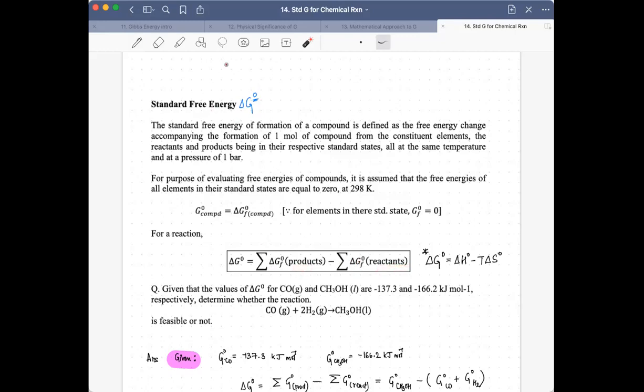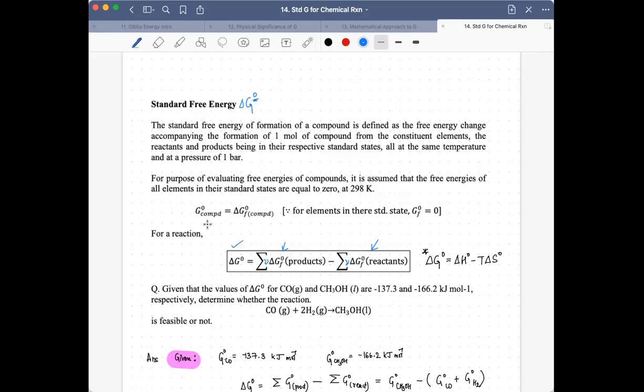One thing you should note is that we also include the coefficients. In a reaction we have coefficients, so those are included in this expression. If you know the standard Gibbs energy of formation of each of the products and of each of the reactants, using this formula you should be able to get the standard Gibbs energy for a reaction.